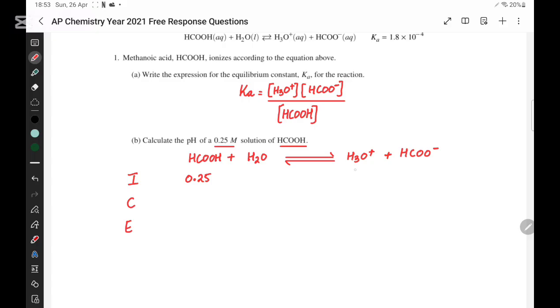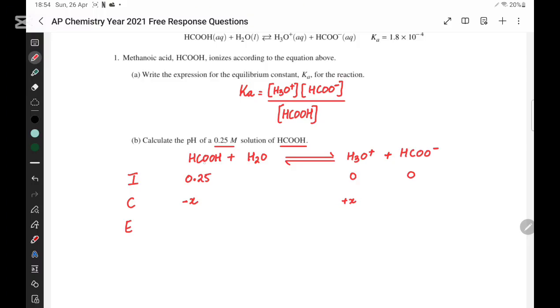And in the initial, the product concentration is 0. When we write the change, let's suppose the change is going to be X. On the reactant side it is going to be minus X, because the change has been subtracted from the reactant and added into the product.